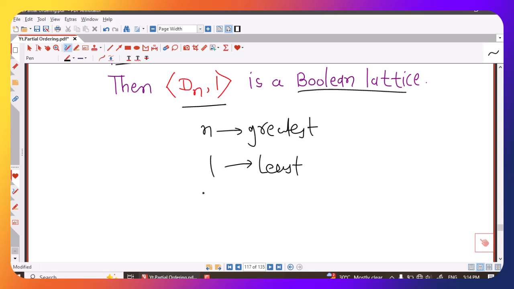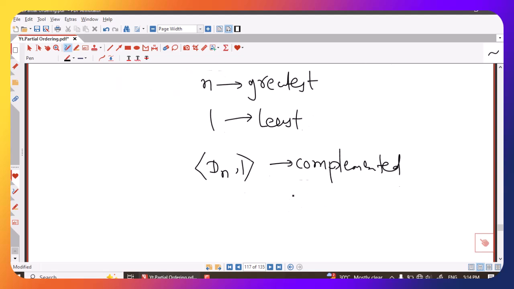And we have also seen that if n is a square free integer, then every element has a complement in Dn, therefore it is a complemented lattice. And we have also seen that Dn with divides relation is a distributive lattice.